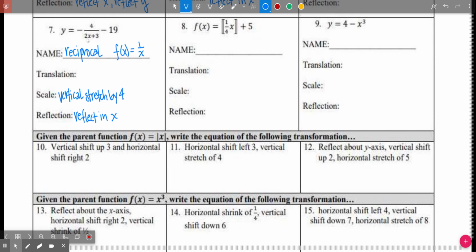And then down here on the bottom, I need to factor that. So this is 2 times x plus 3 over 2. So I have a vertical stretch by 4 and a horizontal shrink by 1/2. I have shifted left 3 over 2 units and down 19 units.